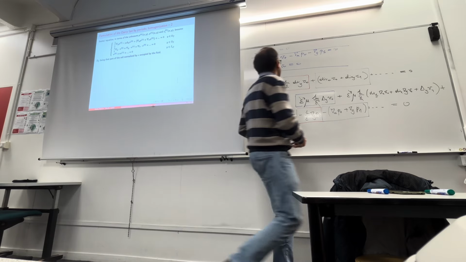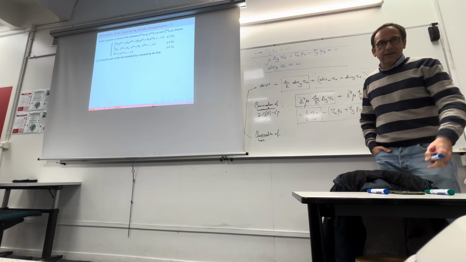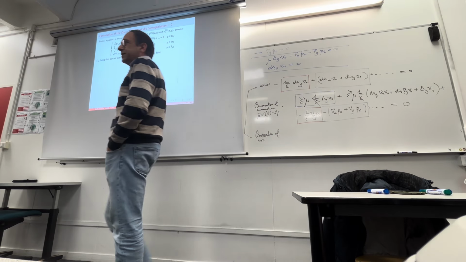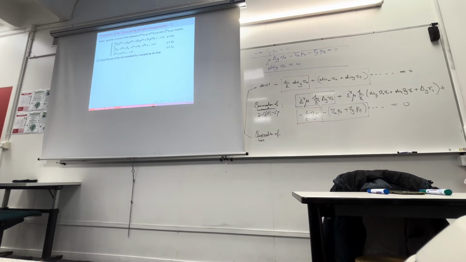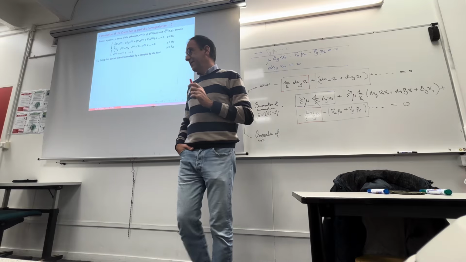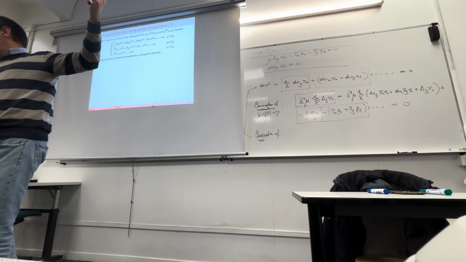Now, what is the consequence of the first condition? It's quite trivial. If the gradient y of p naught is 0, it means that this quantity doesn't depend on what?